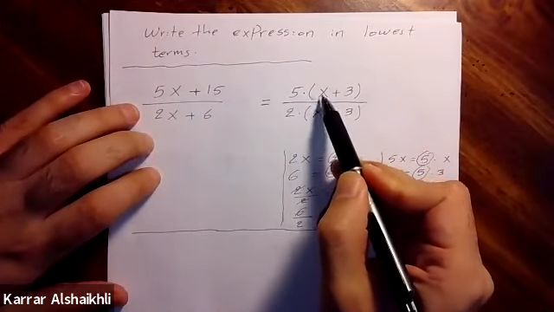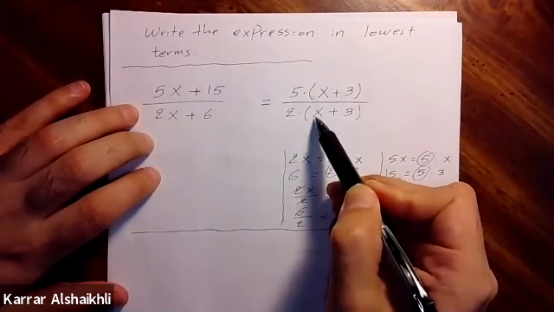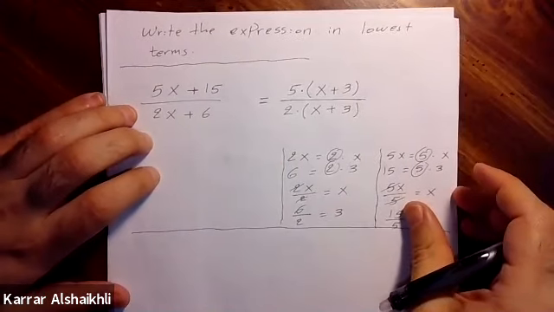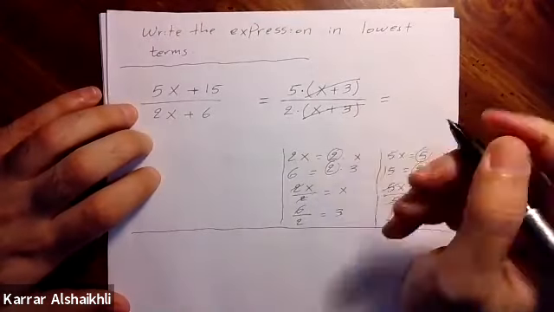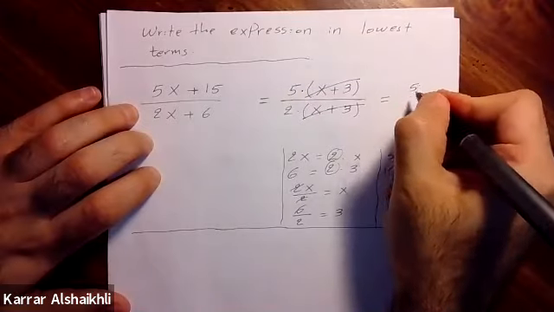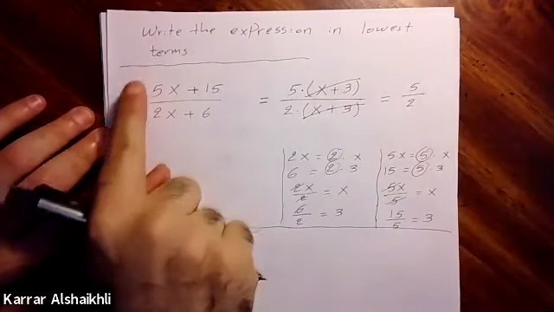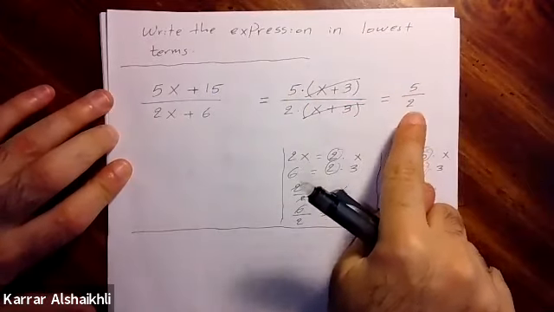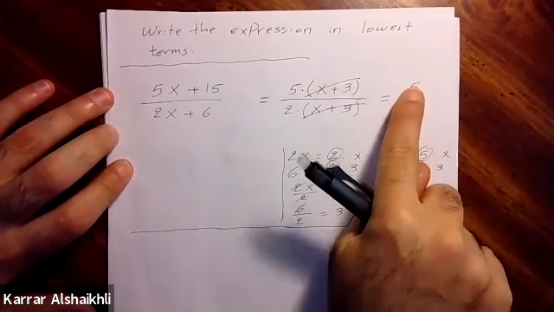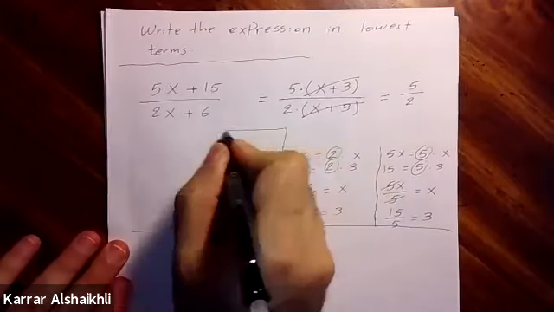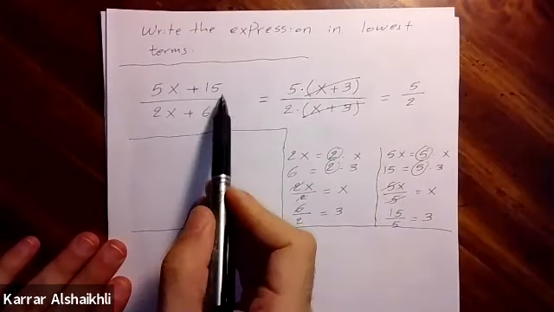Now let's check. There's multiplication. x plus 3, is that the same as x plus 3? Yes or no? Check the parentheses. Yes, exactly the same. So I'm going to cancel this one with this one. The leftover from the top is 5. The leftover from the bottom is 2. So you see, we simplify this expression to a lower term, just 5/2. So keep in your mind, you can't cancel the terms if you have addition like this.